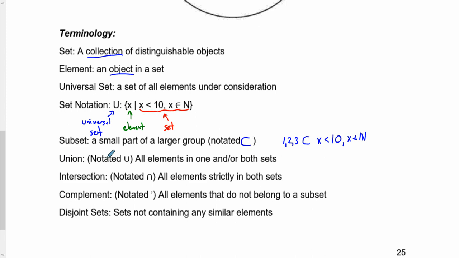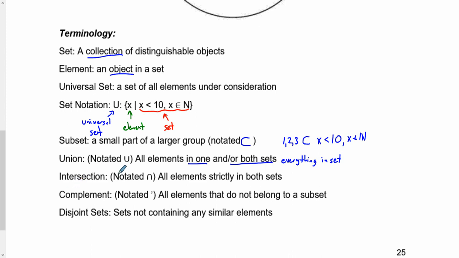A union is notated with a U. It's all the elements in one and or both sets. So it could be in one set, or it could be in both sets. It's everything that's in a set.